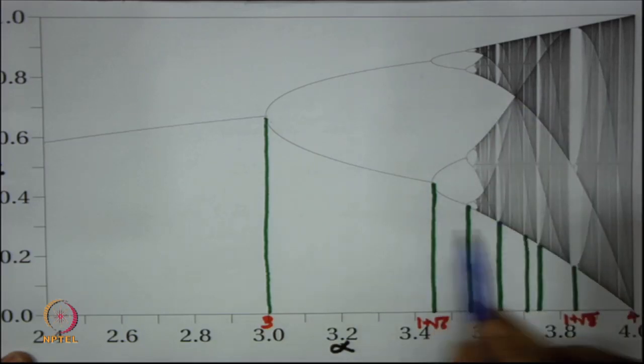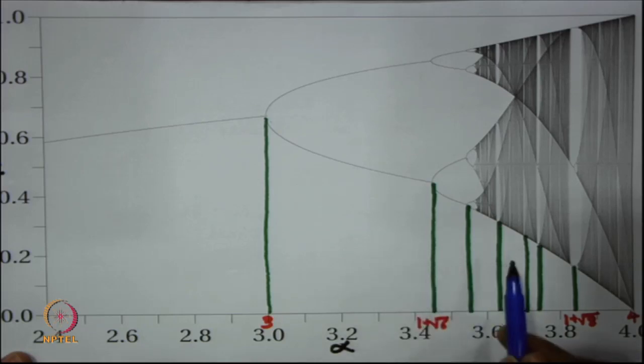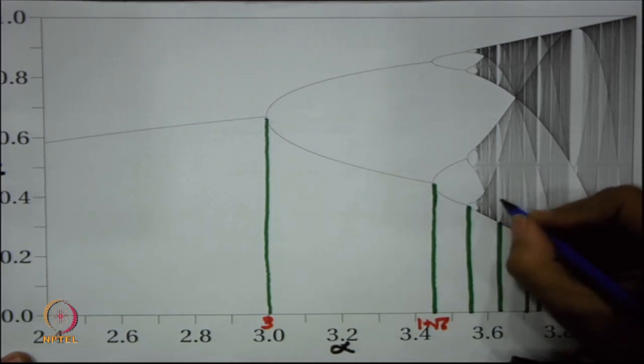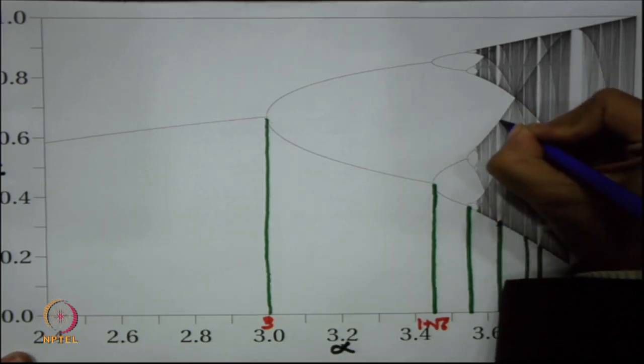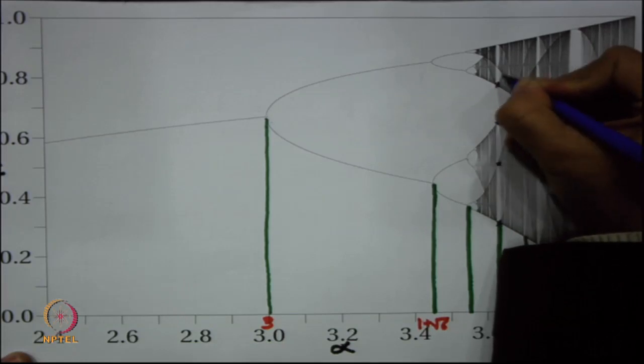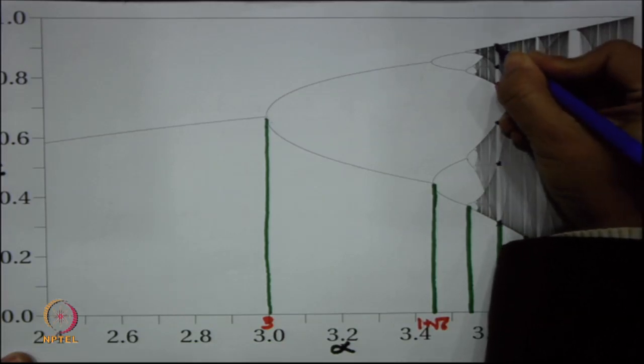So, we can say that there is a period doubling going on. This period doubling goes on till maybe something like 3.6 here, where you have a periodic point of period 6 being born.